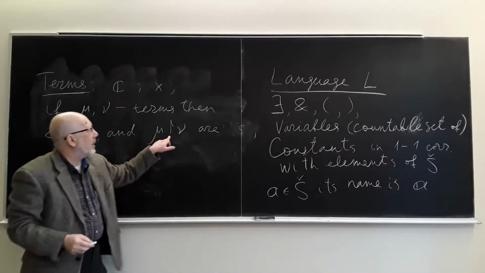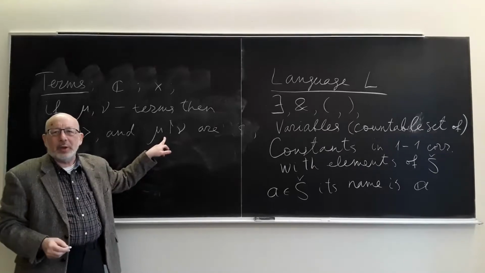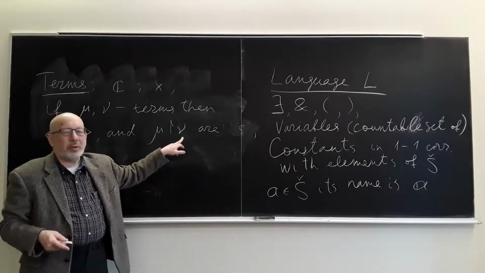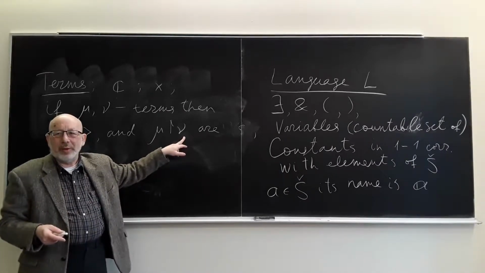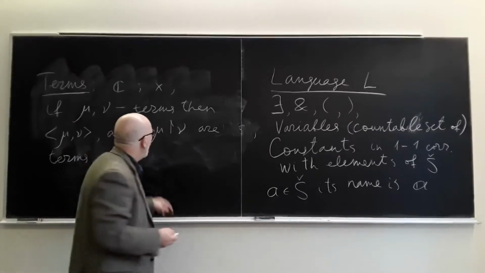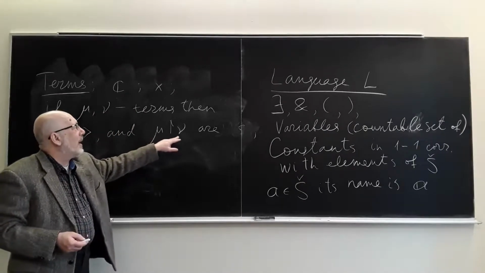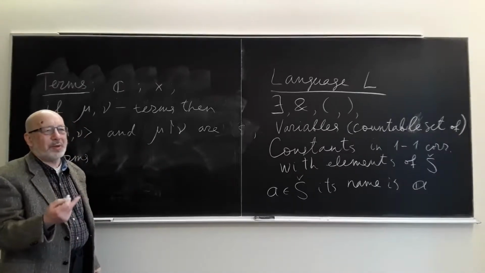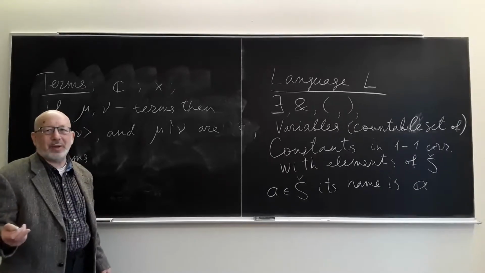So mu restricted on nu: if mu is a function, it is also a set, then mu on nu is the value of the function at the element nu. So mu should be some set of pairs, and nu should be the first term of some pair, and then the result will be the second term.